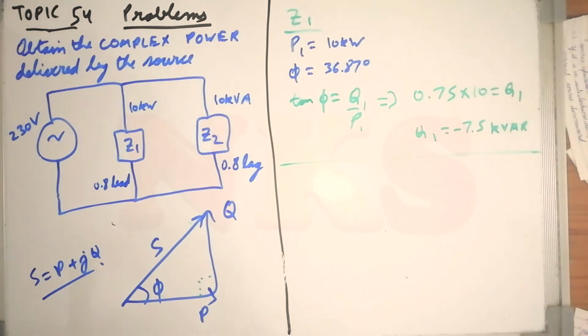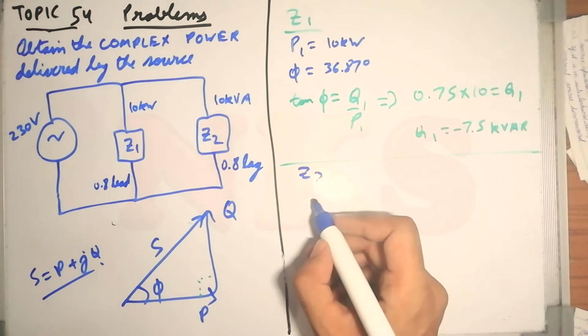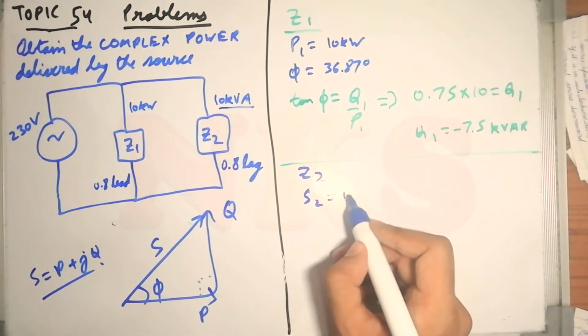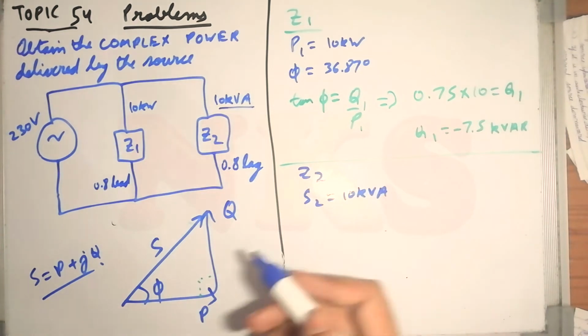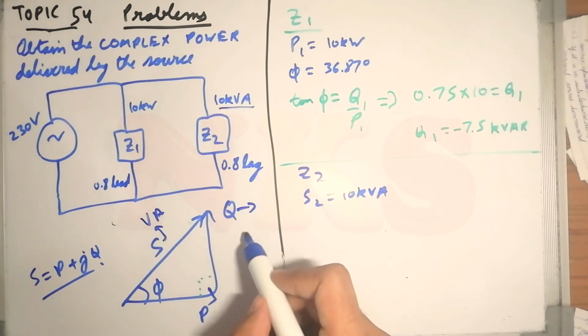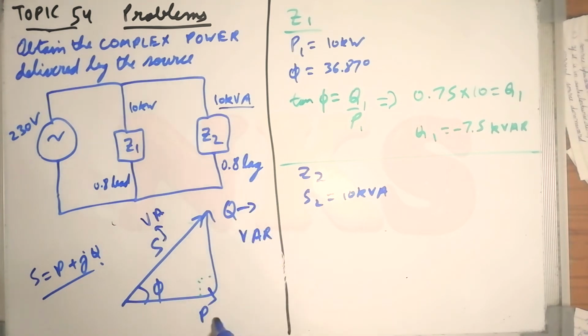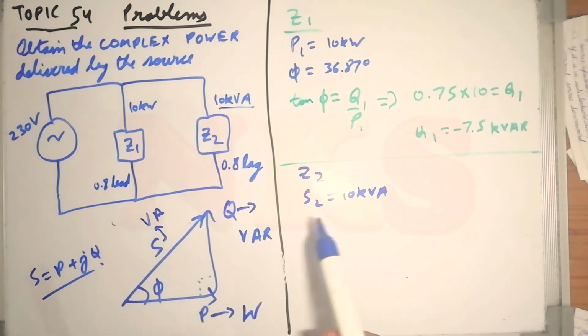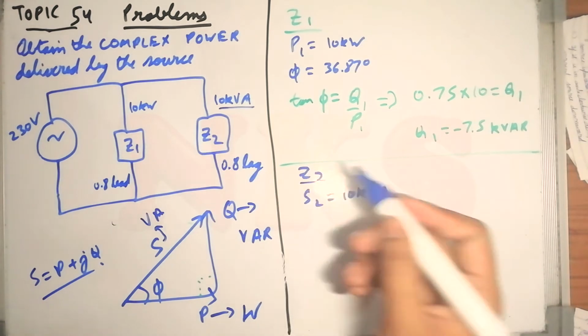Now let us start with the impedance Z2. Here S2 is given to us, 10 kVA. I hope you know the units. The apparent power unit is VA, the reactive power unit is VAR, and the real power unit is watts. In this question everything is given in kilo, so I am already taking power in kilo only. This much basics you should know.